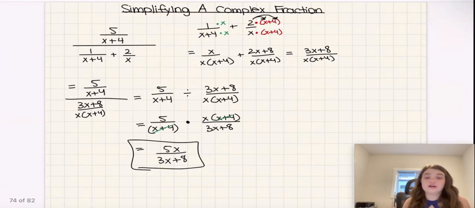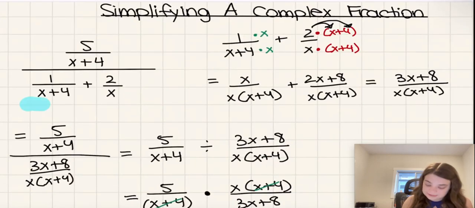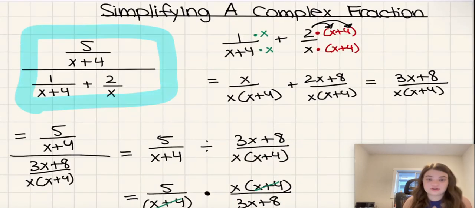Now, what about restrictions? Are there any restrictions here? Well, yes, anything that was ever a denominator in any step needs to be considered for restrictions. So let's go back to the very first step and see if this first step gives us any restrictions. Well, yes, there's two different denominators here. Well, really three, but we have x plus 4, and then x plus 4 again, and x.